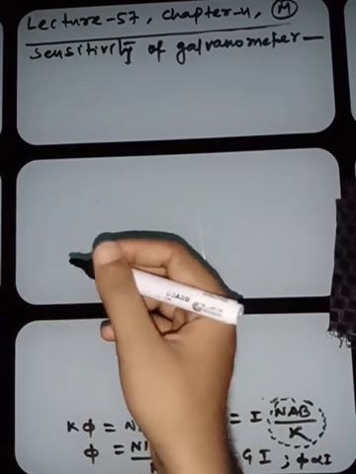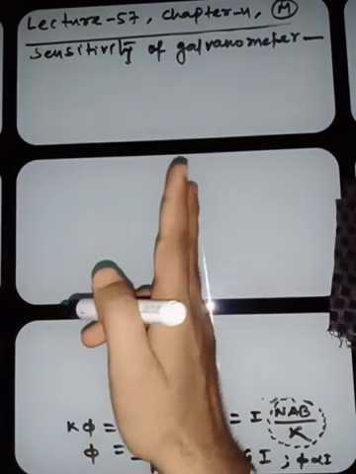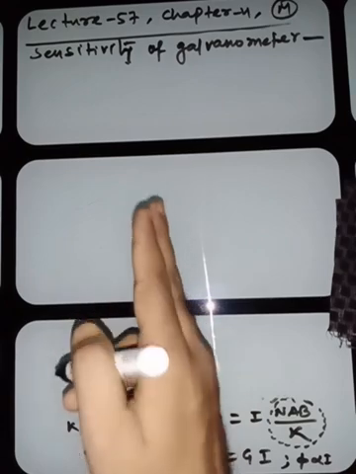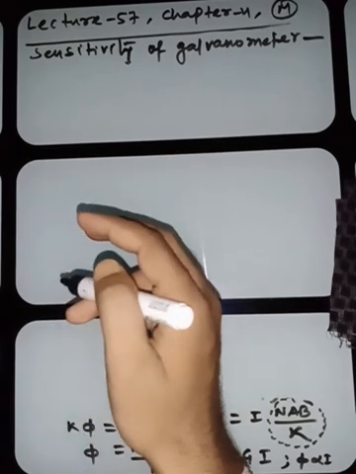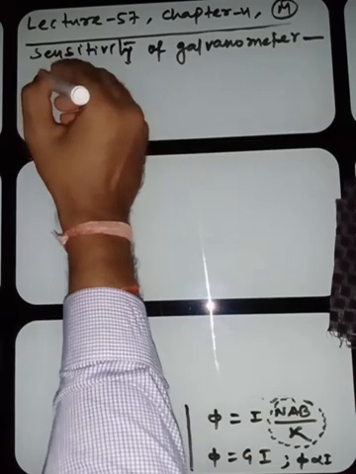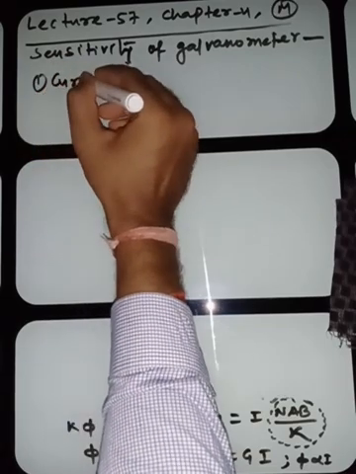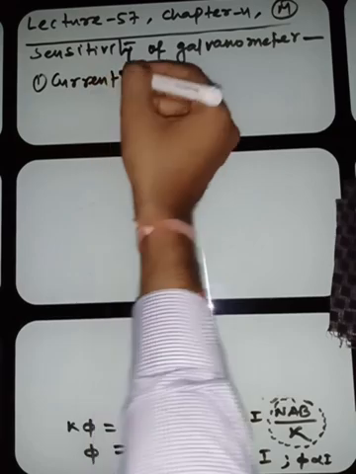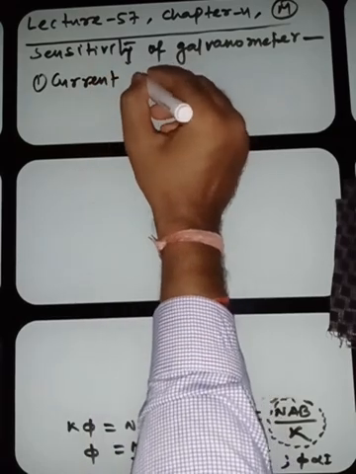Basically the sensitivity is of two types, one while giving the current and one while giving the voltage. So the current sensitivity and voltage sensitivity. First, here we are going to study the current sensitivity.